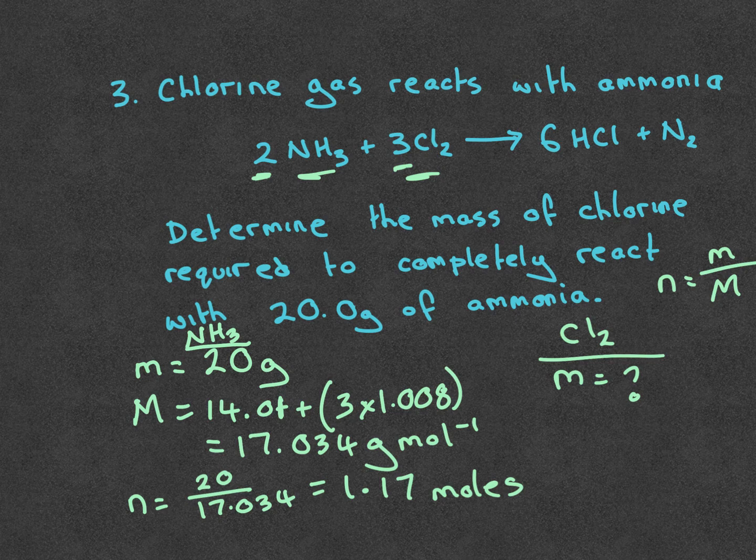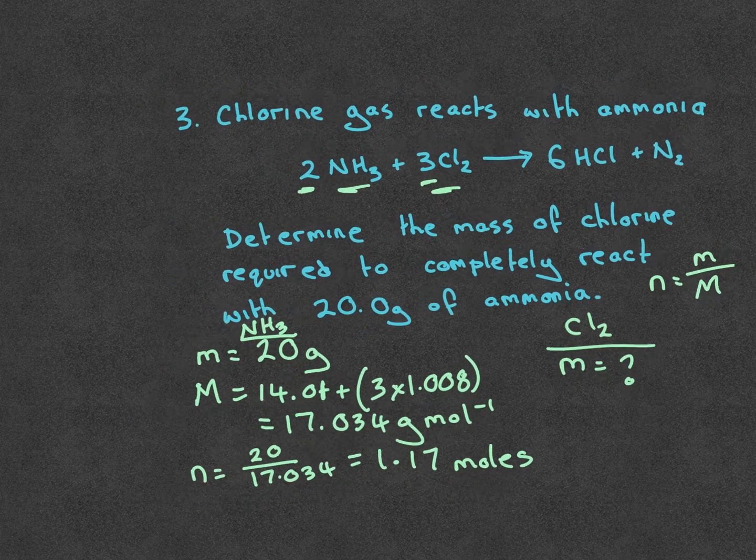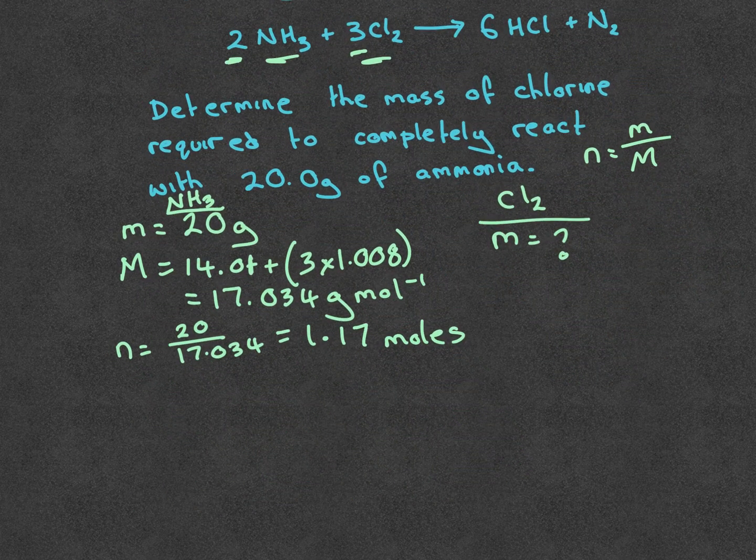The way I like to do it is I will firstly take my 1.17 moles and divide it by 2, because that's the coefficient in front of the ammonia.